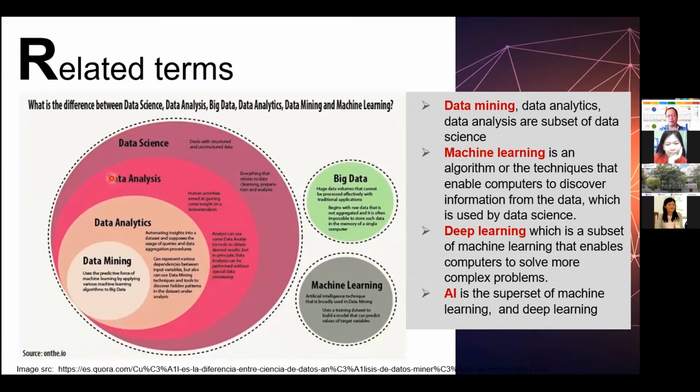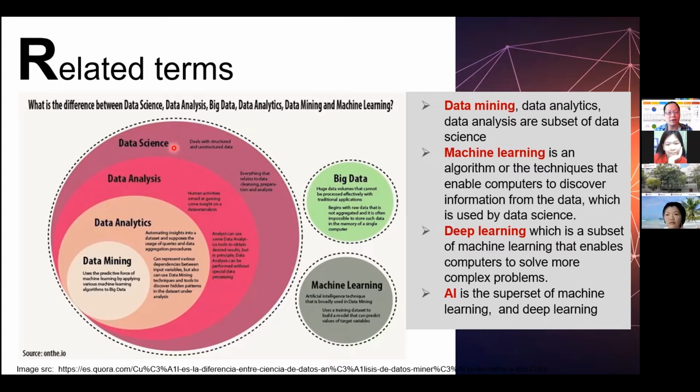And you might be hearing different terms related to data science. For example, you might have heard data mining, data analytics, data analysis, or even big data. All these terms essentially mean the same thing. There are some slight differences in meaning, but people always use them interchangeably.